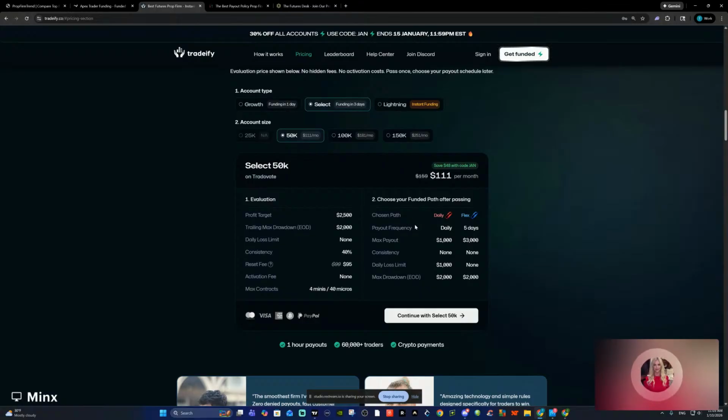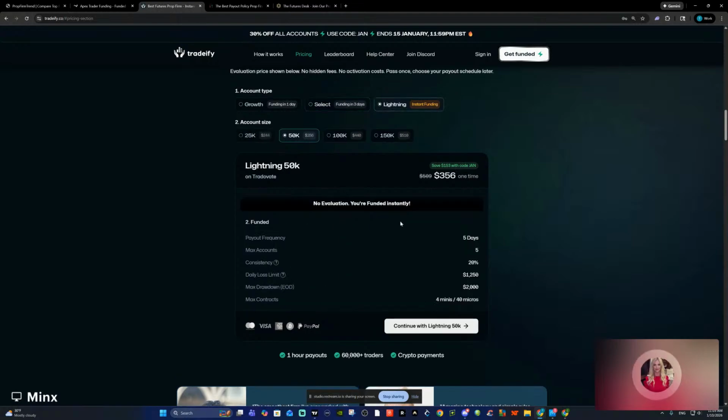Other firms have uncapped daily payouts. So that's what I'm trying to say, the different firms work different ways. And they also have a Lightning account, which means it's instant funding. So there's no evaluation. You're basically funded right away. So this is for those that are just adding extra accounts.